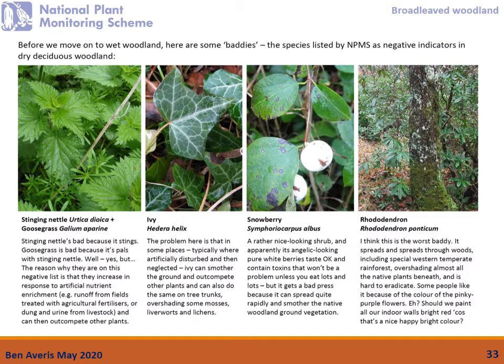The nettle and the goosegrass on the left being classed as such because they tend to get more common in places where there's some eutrophication, some especially artificially high increase in nutrients, maybe from runoff from nearby agricultural land, that kind of thing. And because they can get so more dominant in those places, they can outcompete some of the other species that would otherwise grow there. Ivy can also outcompete things where it grows really lush on the ground.